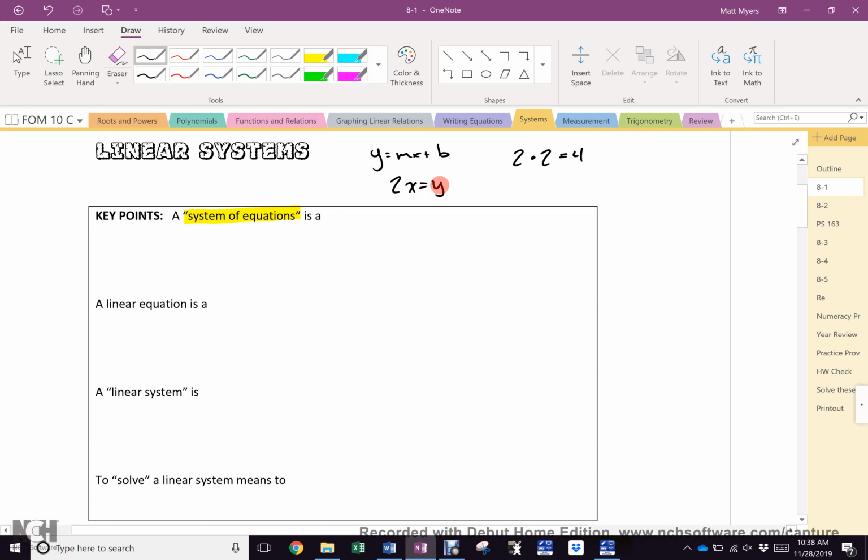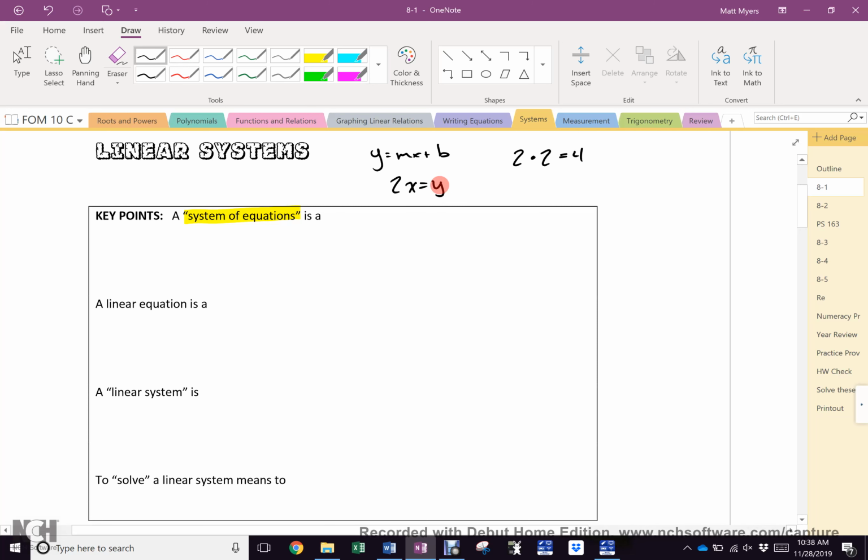Lovely. Now, can I solve that? No, I cannot. Why? Because I've got two unknowns, right? I can't solve that because I can have any number for x, which would change the value, wouldn't it?